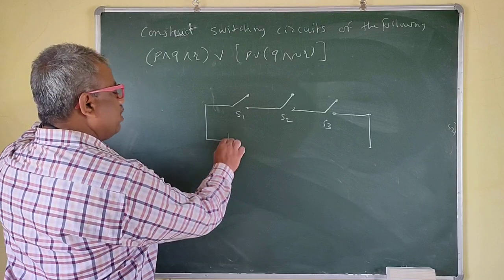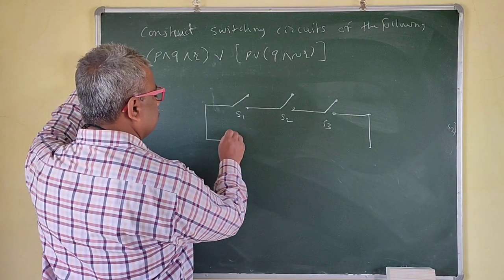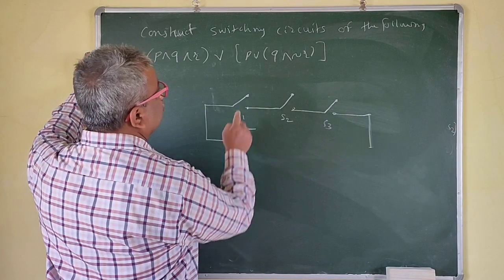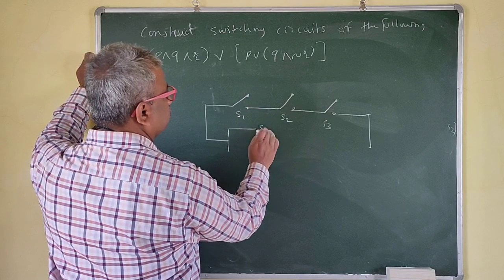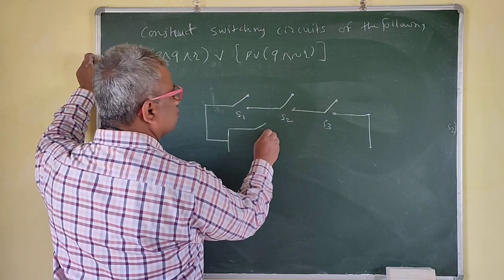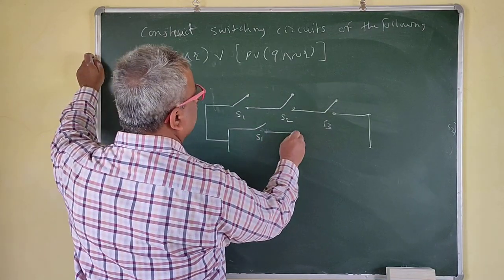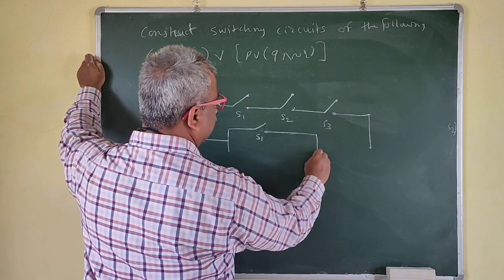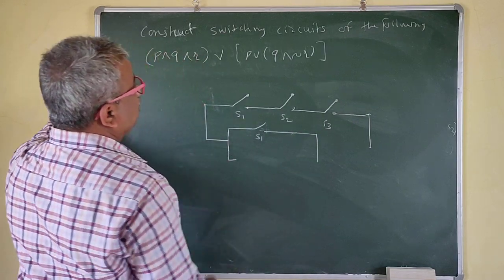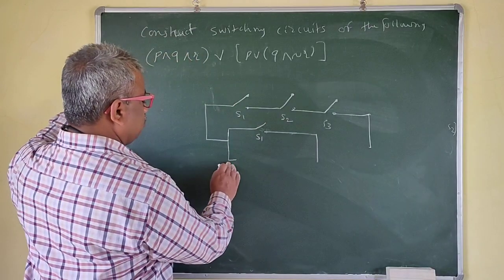Again this will be divided here. So P, this is your S1. Now this is parallel. Again Q and R are in series.